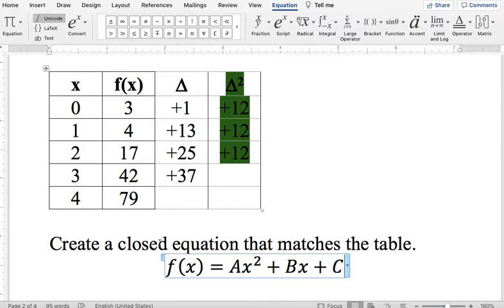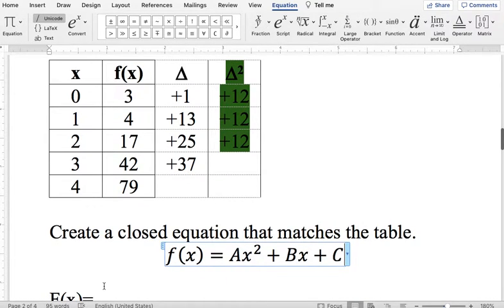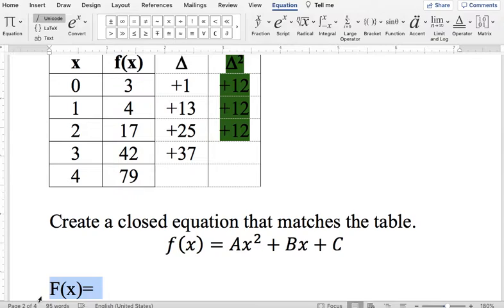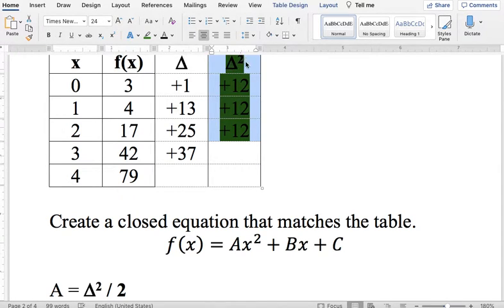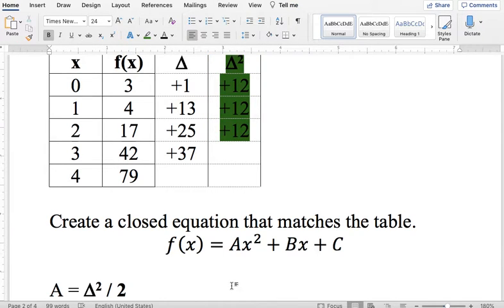So let's go over how to find each of these individually. First, let's find a. Your value for a will equal your second difference column divided by 2. Here your second difference column, your delta squared column, is positive 12.